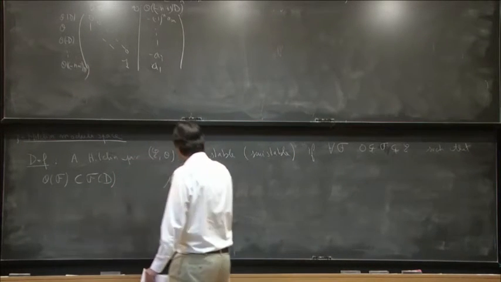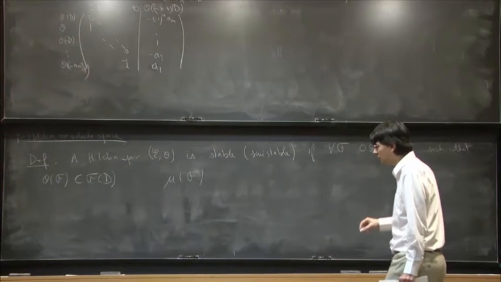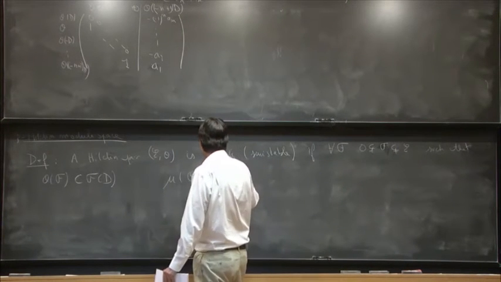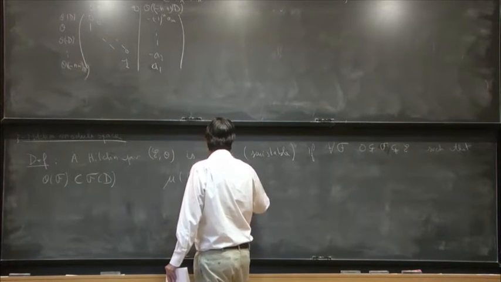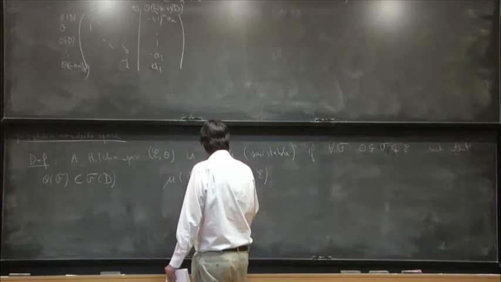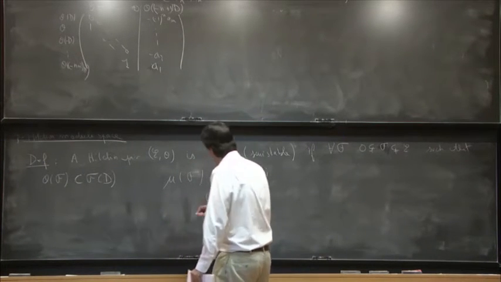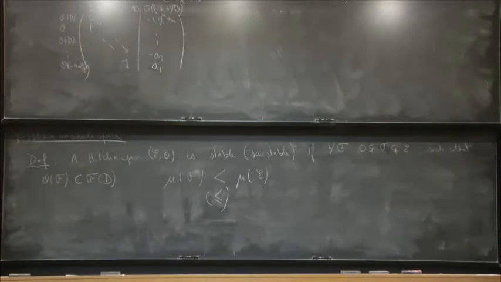Remember the slope is the ratio of the degree by the rank. The slope of F is strictly smaller than the slope of E, or smaller or equal in the semi-stable case.